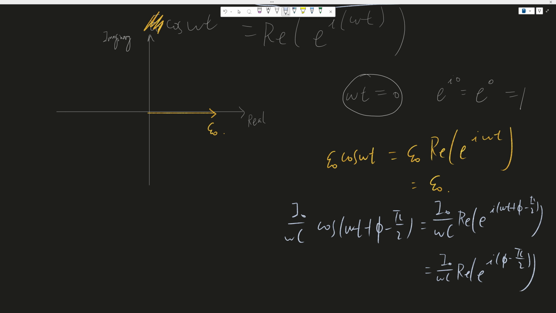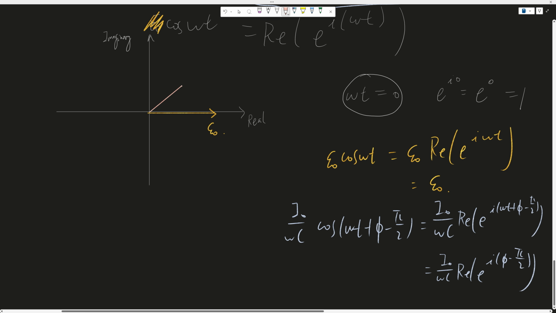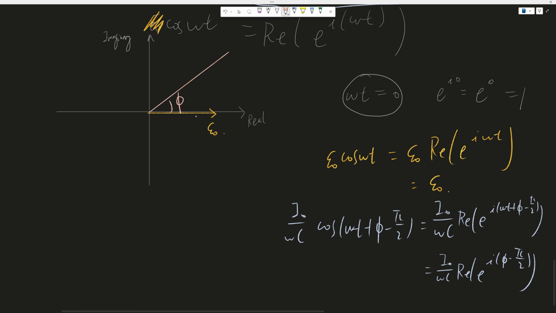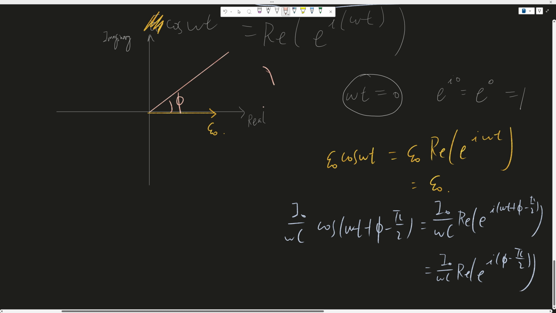And for now we need to define some sort of phi. So why don't we just define phi to be literally any angle. Let's just say that phi is just this angle here. And then minus pi over 2 means we're rotating it clockwise. Remember, anti-clockwise is positive by convention.